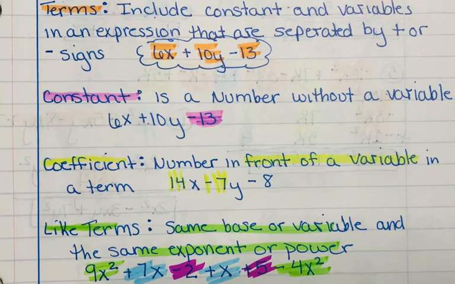So some more vocabulary words. We have terms. They include constants and variables that are in an expression but are separated by the addition and minus signs. So terms are what's separated by those.